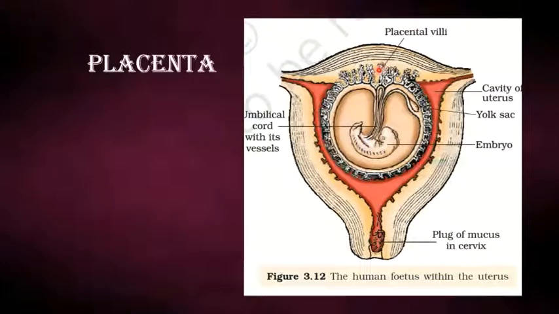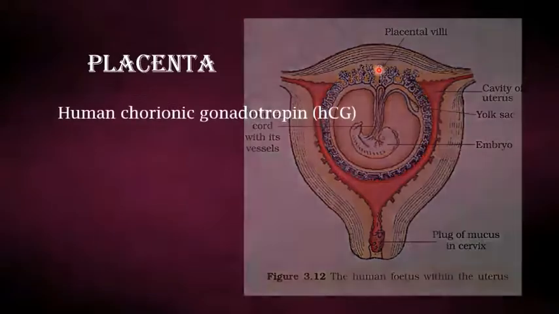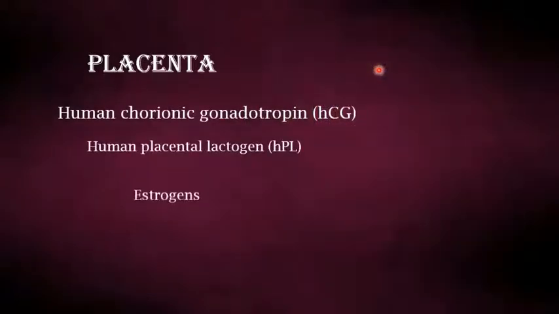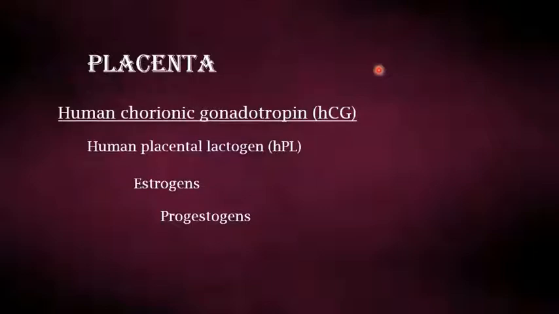So we come back to the endocrine function. Endocrine function means it secretes hormones. The main hormones secreted are human chorionic gonadotrophin or HCG, human placental lactogen or HPL, estrogens and progestogens. Now out of these, human chorionic gonadotrophin and human placental lactogen, these two hormones are secreted only during pregnancy.